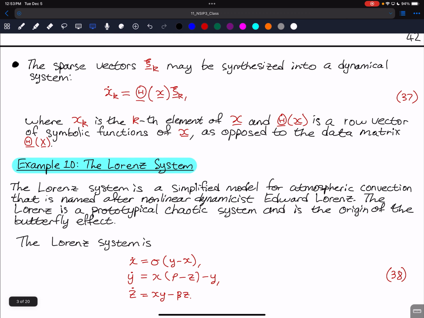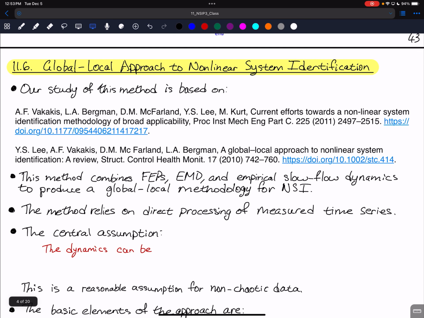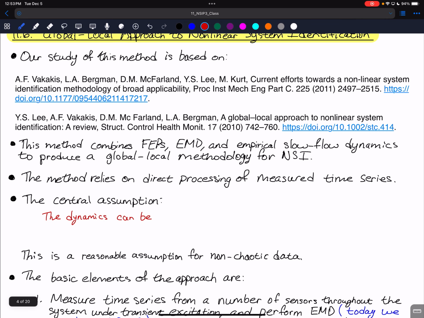All right. In that case, let's go back to this. So we're going back to this global-local approach. I mentioned that this synthesizes pretty much a lot of the topics we've been talking about, and performs a system identification method.